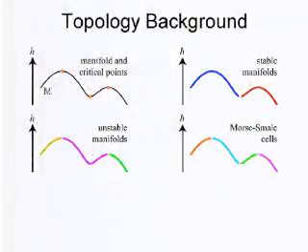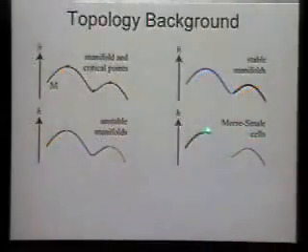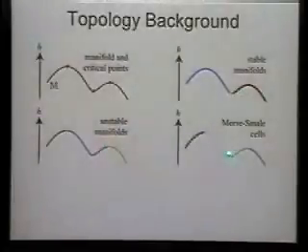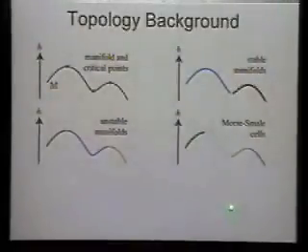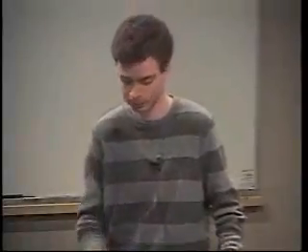Something that people in topology are very interested in is the Morse-Smale complex, and a Morse-Smale cell is the intersection of the stable and unstable manifold, which means at any point in a cell, if you go up, you end up at the same local maximum and go down at the same local minimum. So that tells you all these points have the same property. If I walk up, I end up at the same point. If I walk down, I end up at the same point.